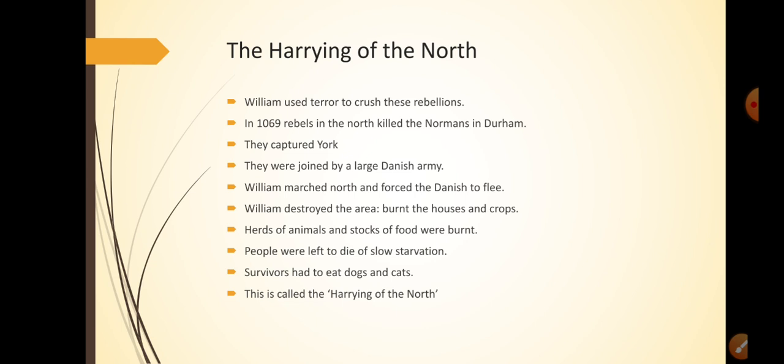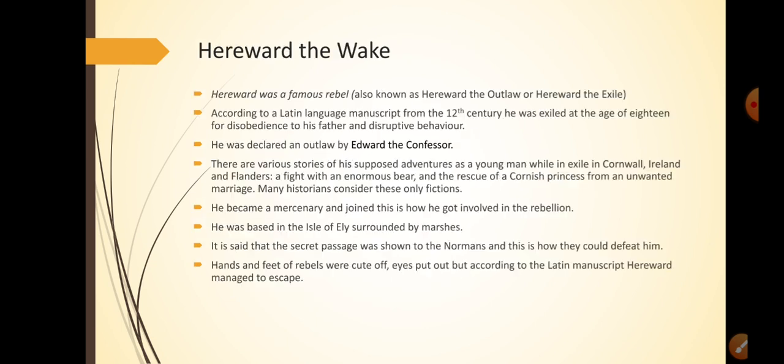Even the harvested food was completely destroyed. So unfortunately, historians from that time say that survivors had to eat even dogs and cats. How terrible. And this episode in Norman English history is called the Harrying of the North. So William wanted to teach a lesson to the people of England.